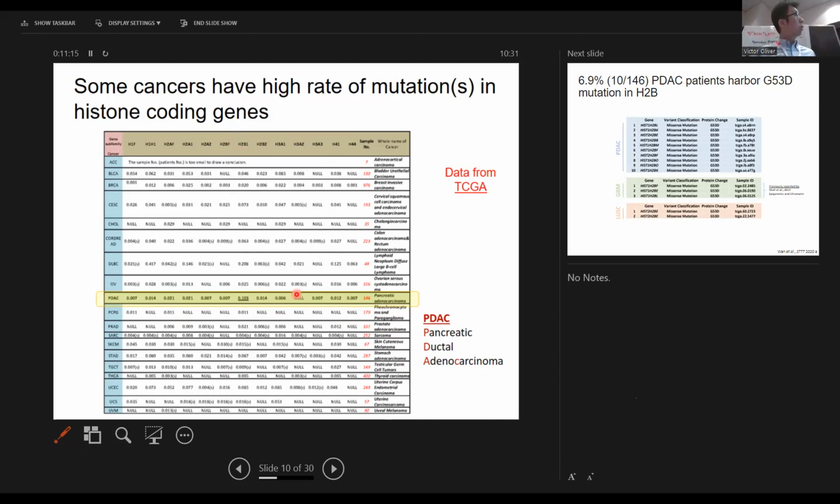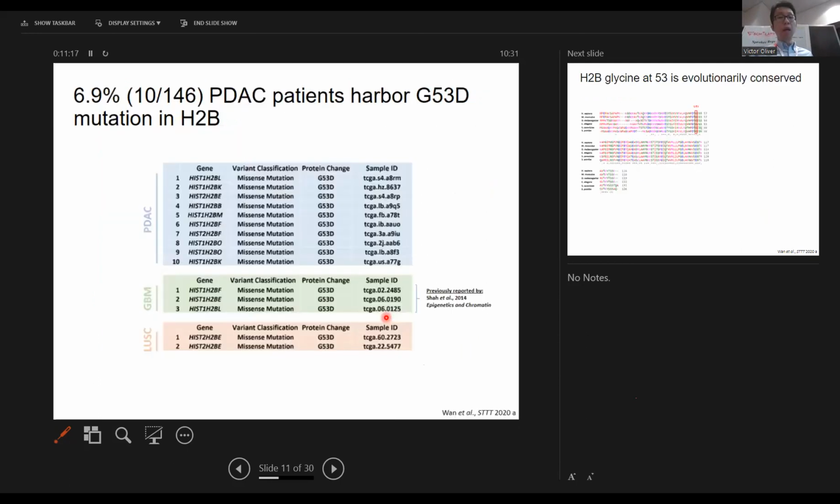We focused on PDAC, and among those 146 patients, around 7%, 6.9%, harbor the same mutation, which is glycine 53 to aspartic acid. This mutation can also be found in glioblastoma and lung cancers. In glioblastoma, this mutation was reported by another group in early 2014.